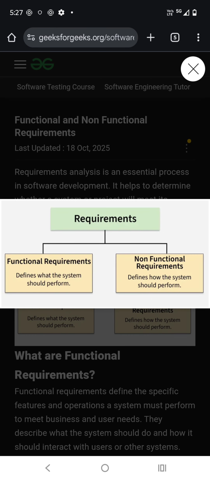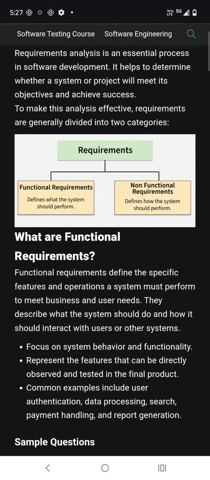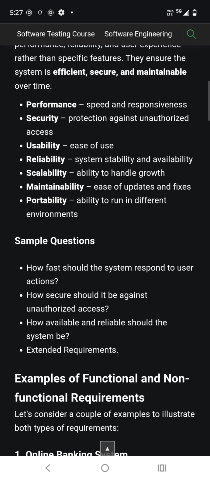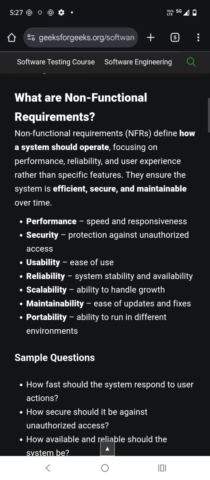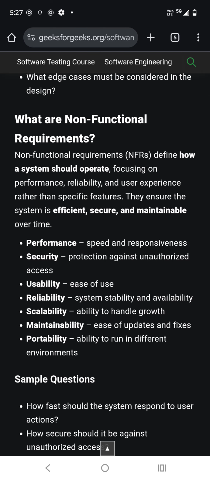So performance is a non-functional requirement, while displaying content for a matching keyword is a functional requirement. Under non-functional requirements we will have many things. You can see security, performance, usability, ease of use.